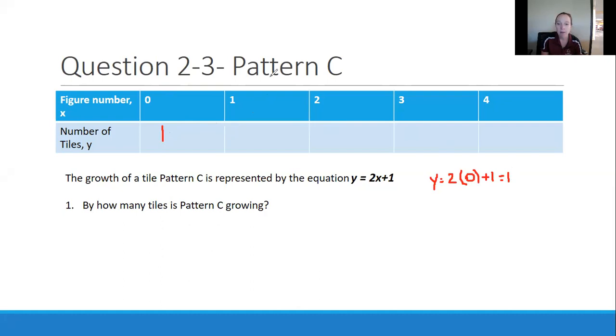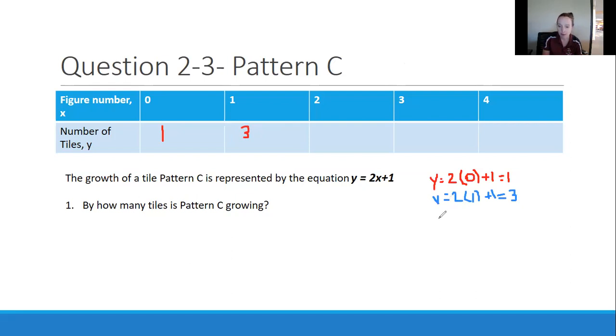Okay, let's try another one. So I do y equals 2, now I'm just plugging in for x. My next input is 1. So I plug in 2 times 1 plus 1. So 2 times 1 is 2, plus 1 is 3. And I'll just make all of these in red. Okay, so far I have 1, 3.